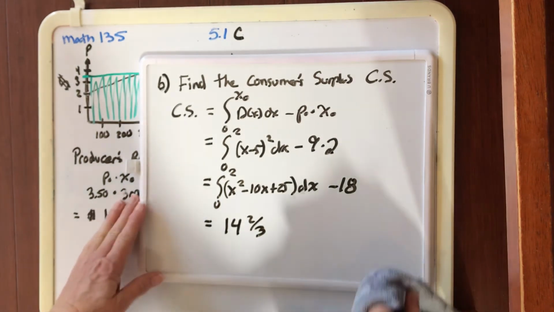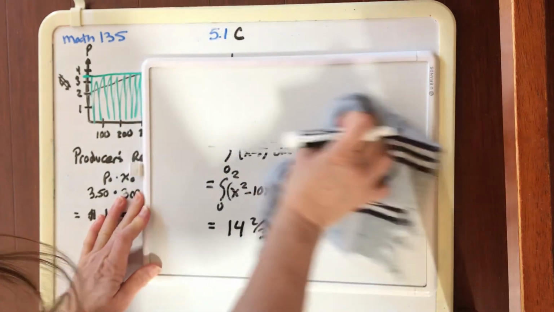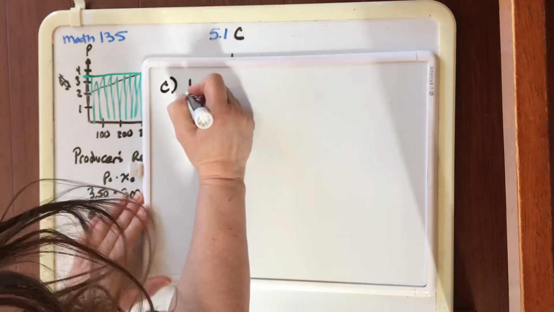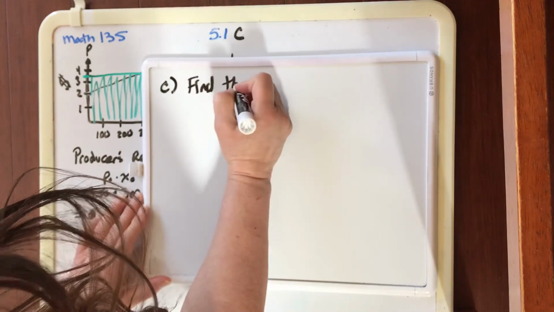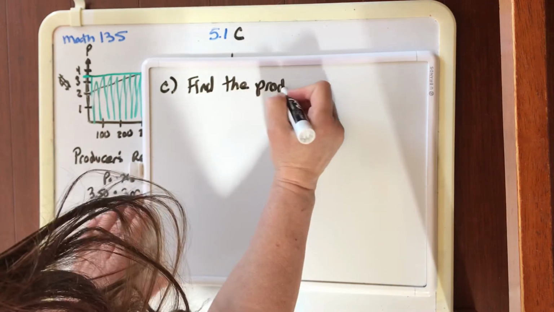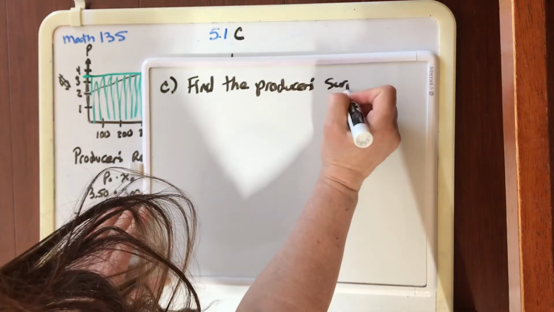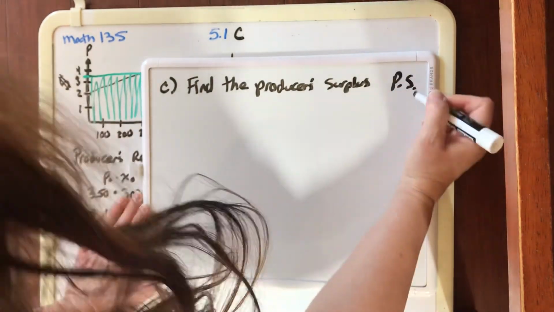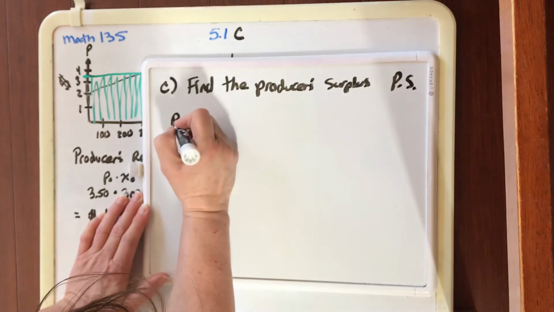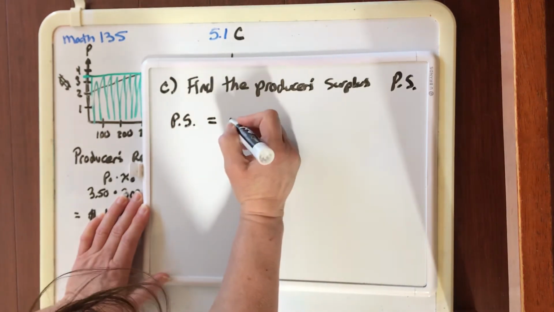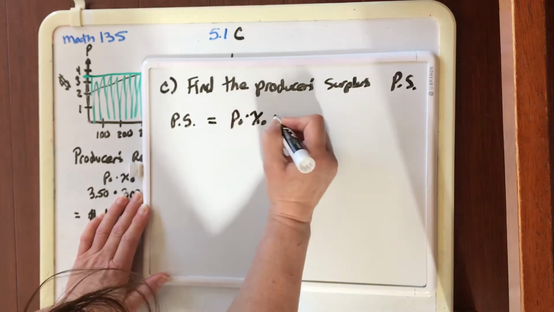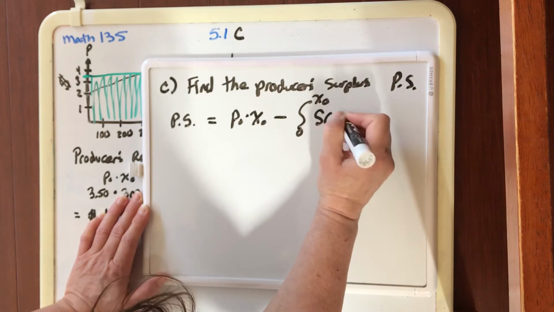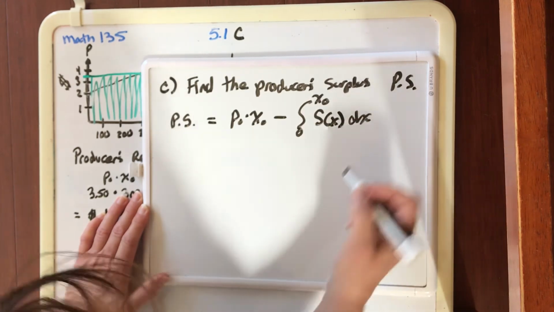All right, let's do the last question, and then I'll give you the homework. Okay, last question. Find the producer's surplus, which I'm going to call PS. Okay? So the producer's surplus equals p naught x naught minus the integral from 0 to x naught of S of x, which is our supply, dx. Okay?